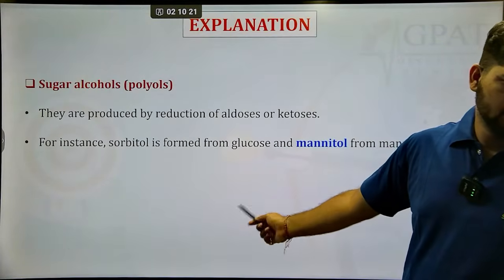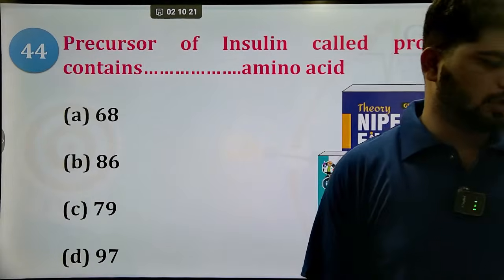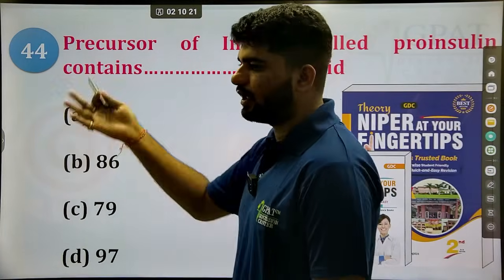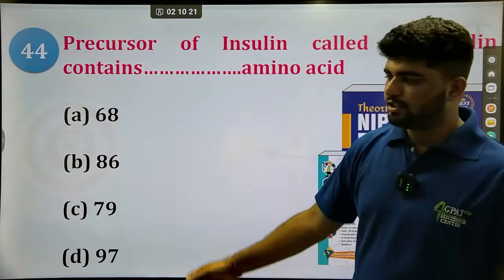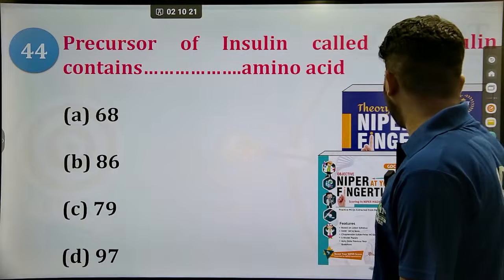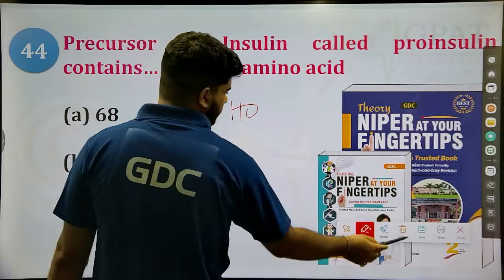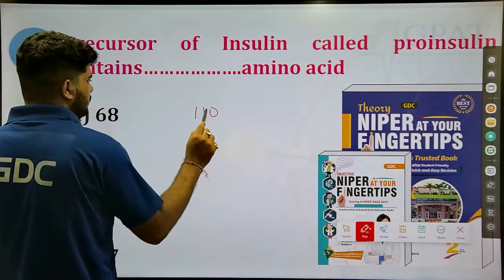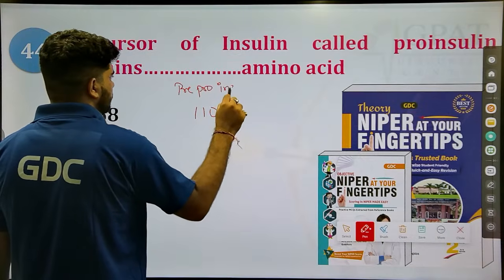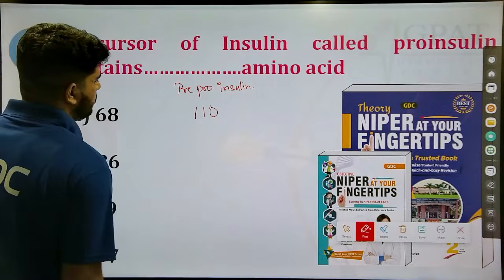Precursor of insulin called proinsulin contains what? There is pre-proinsulin, then proinsulin, and then comes insulin. Is it 68, 86, 79, or 97? The pre-proinsulin is 110 amino acids.